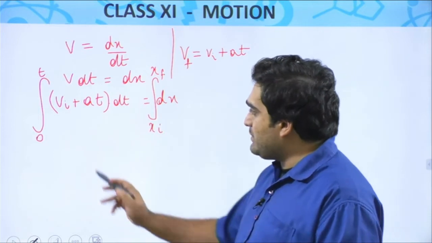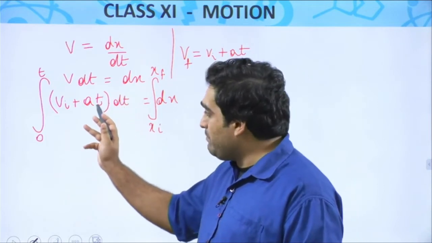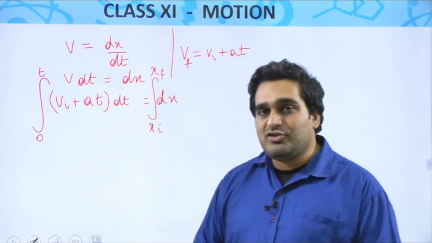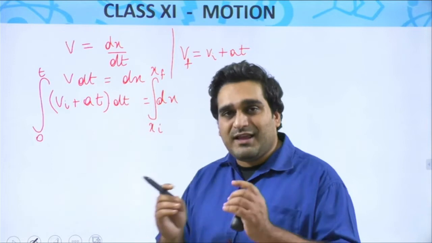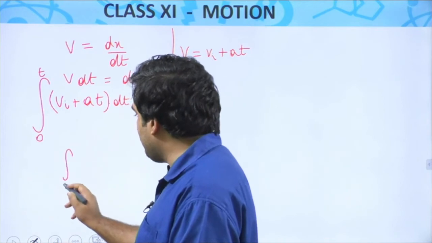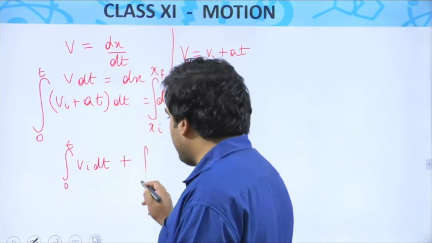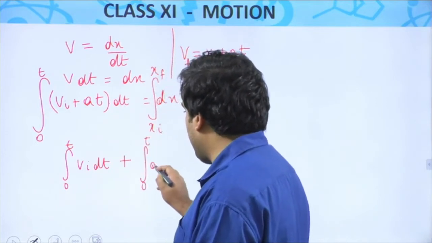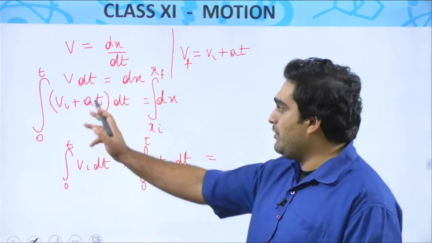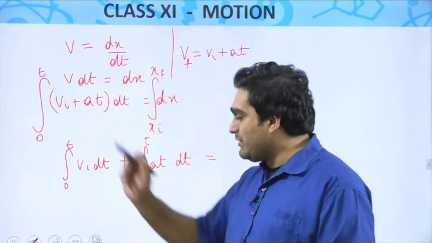Now the fun part here is, since this expression is within a bracket and dt is outside, we have to multiply dt within the bracket, meaning you will be applying this integral tool to each and every single expression within. So multiplying it, you get the integral from 0 to t of vi dt plus the integral from 0 to t of at dt, which is equal to, see, you applied the tool for all the individual terms within the brackets.